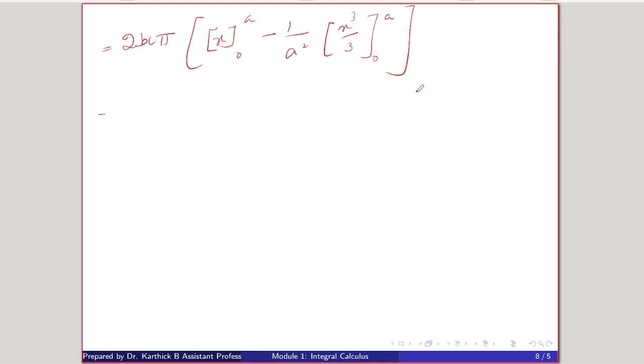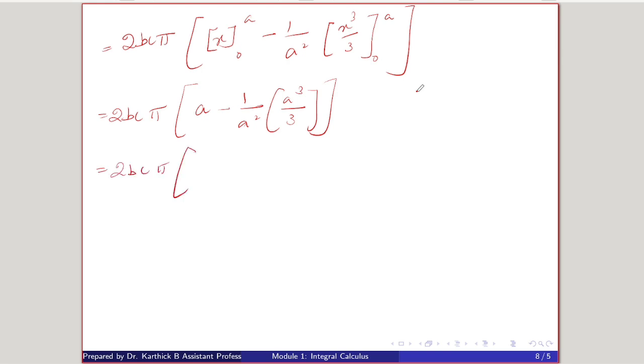Okay, a minus 1 by a square times a cube by 3, and here bc pi, a minus a by 3. So it gives 2bc pi into (3a minus a)/3.